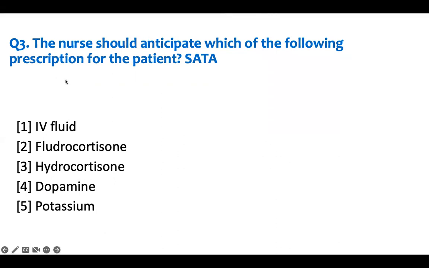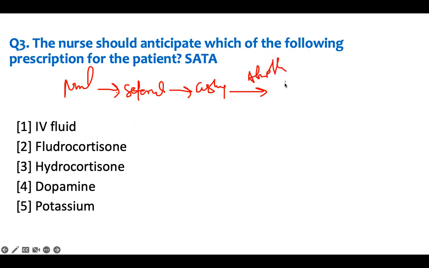First, they are normal. You give them steroid for a couple of months, right? And you make them Cushing. Now they stop the medication abruptly, and what have you created? Adrenal crisis.